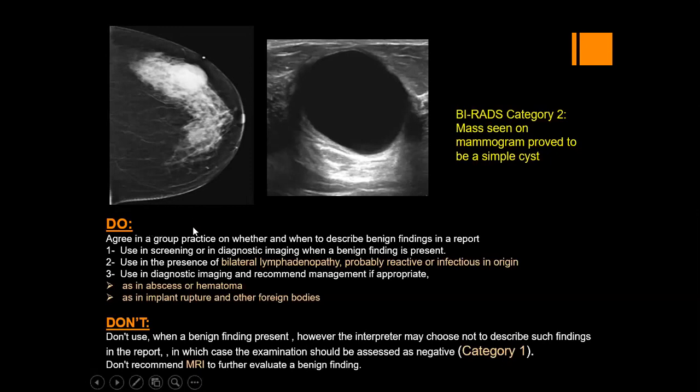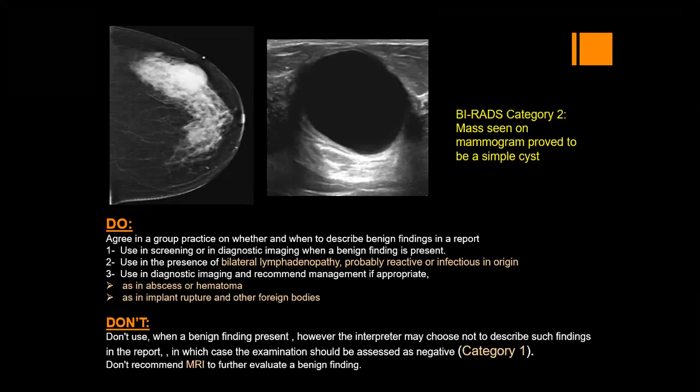When do we use BI-RADS 2? Use it in screening or in diagnostic imaging when benign findings are present. Use it in the presence of bilateral adenopathy, probably reactive or infectious in origin. We are sure that these are reactive or infectious. Then we can report it as BI-RADS 2.